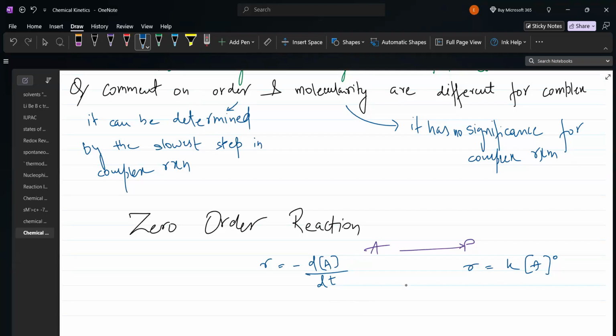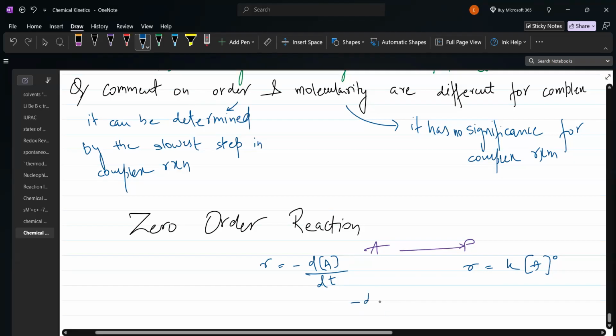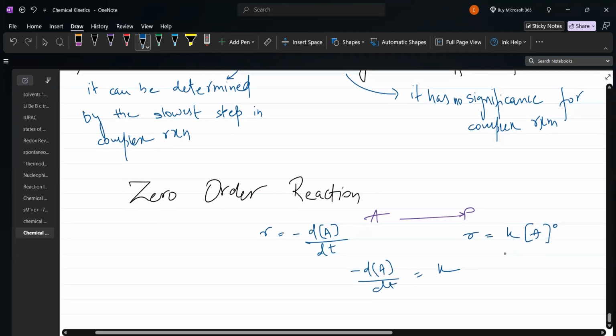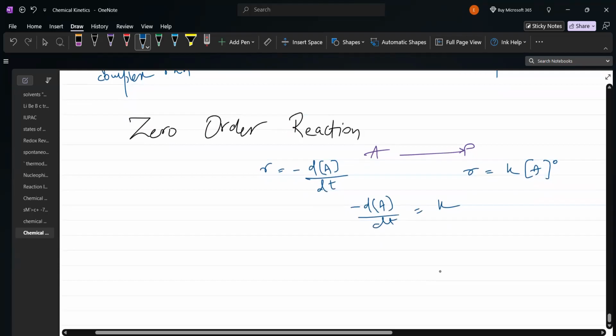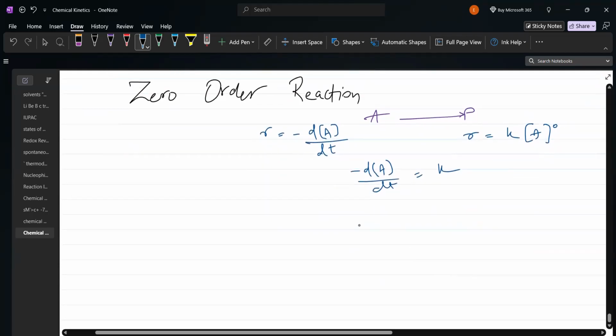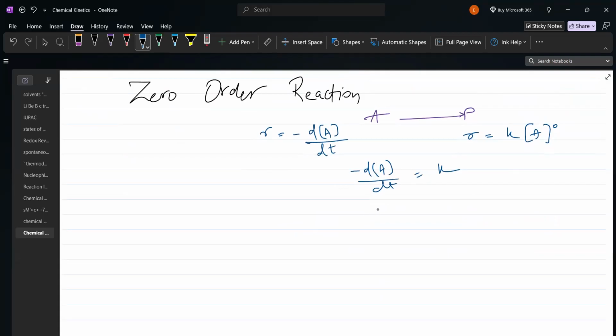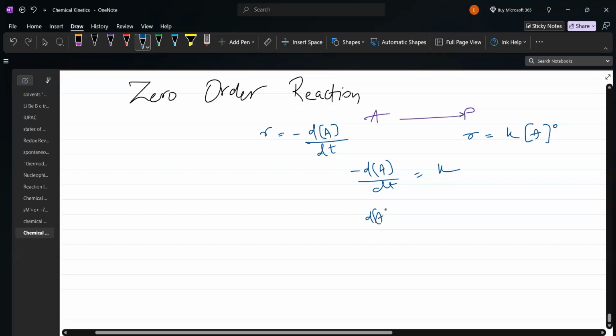So we will equate both of these rates of reaction, then we will get this, and the concentration of A to the power 0 will be 1, so we will get this. Okay, now what we will do, please look onto the board and you can copy it later, don't worry.